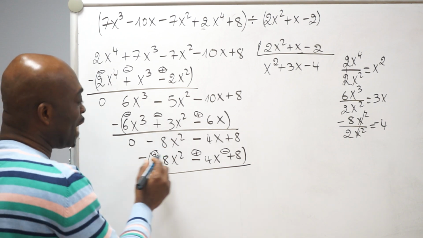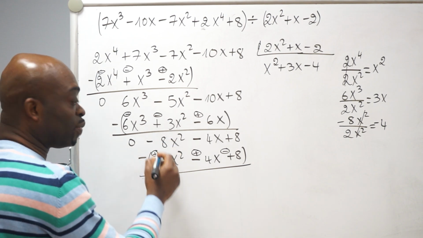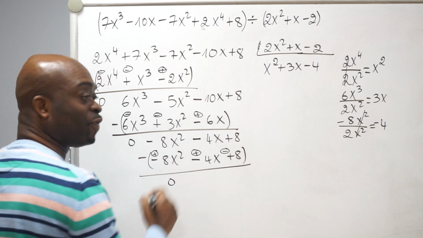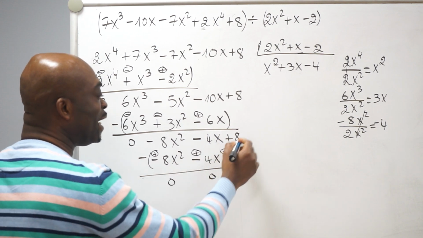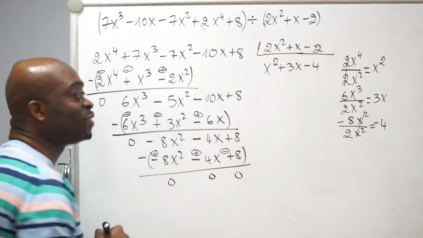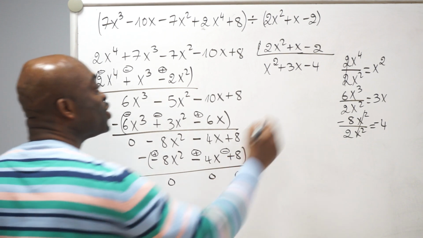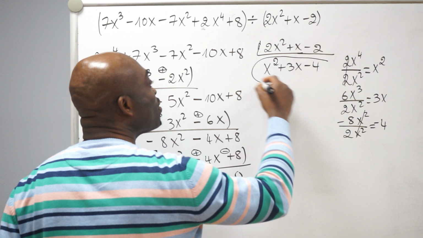Negative 8x squared plus 8x squared gives us 0. Negative 4x plus 4x gives us 0. 8 minus 8 is also 0. And then, ladies and gentlemen, voila, we are finished. This is our final answer.